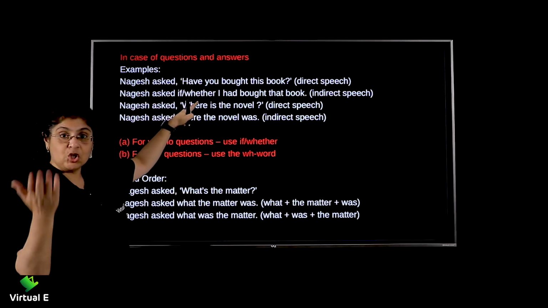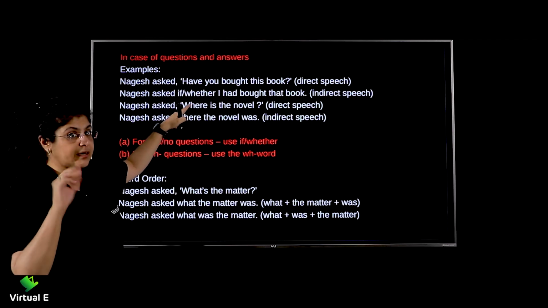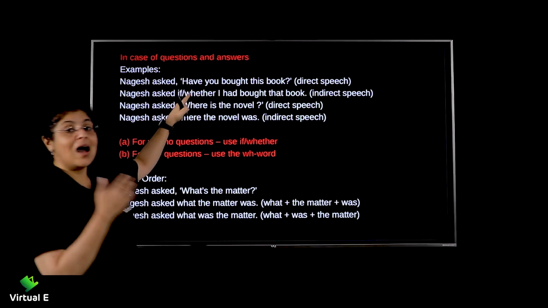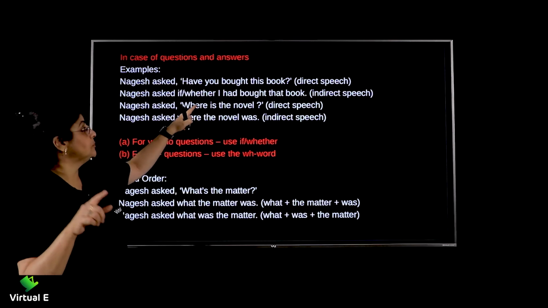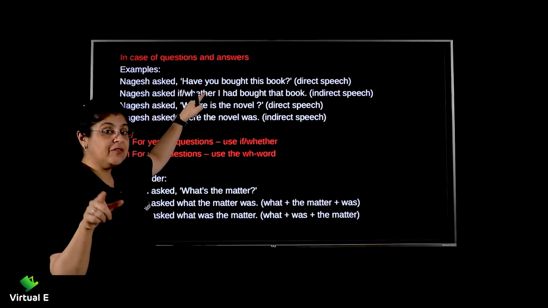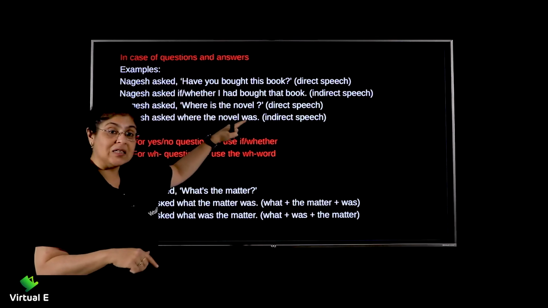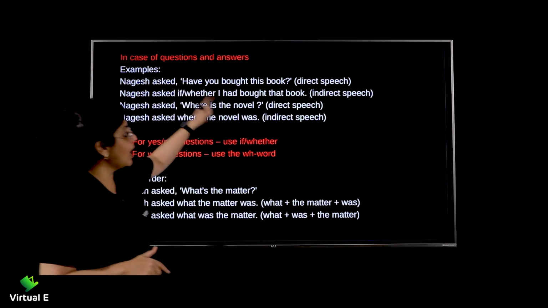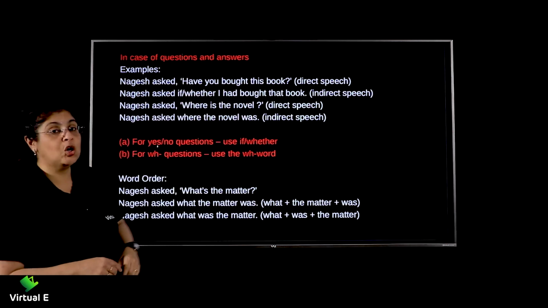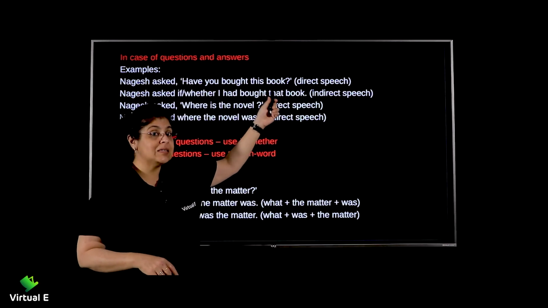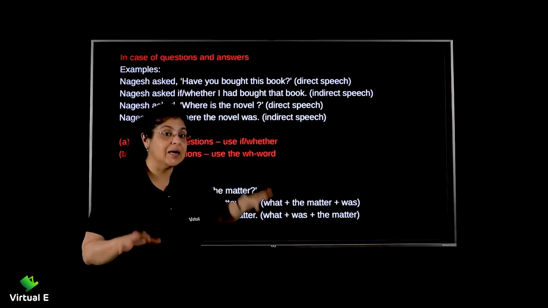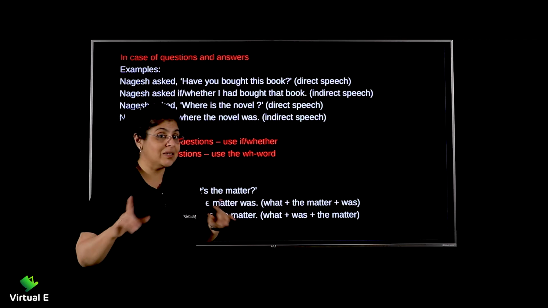If or whether, choice is yours, you can use any, both are correct. If or whether I had bought. Now, this is present perfect, have bought. It will change to past perfect, had bought. So, I had bought that book. Question mark disappears, full stop comes. No question mark, no exclamations.